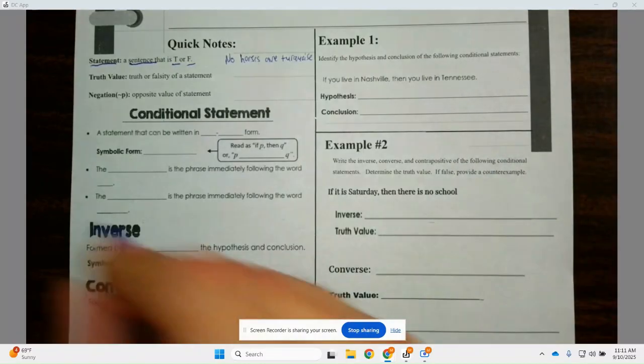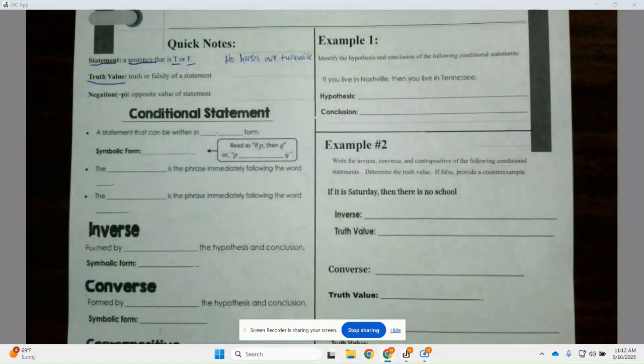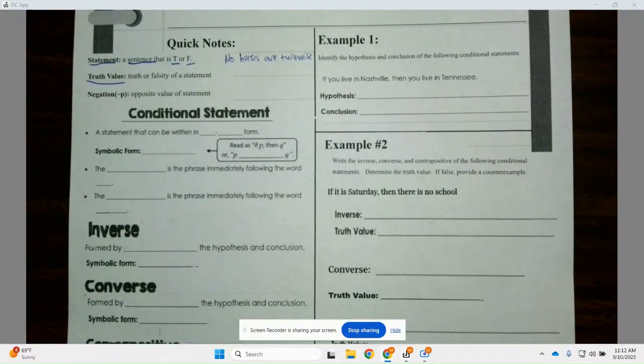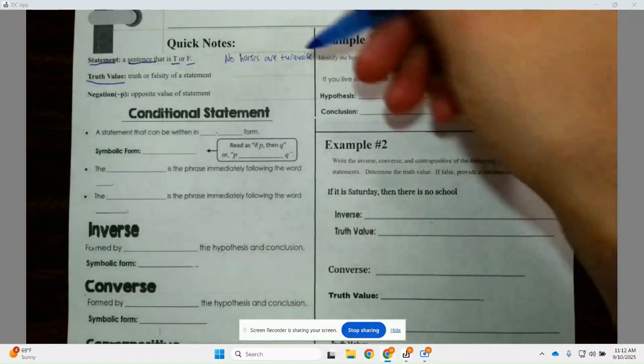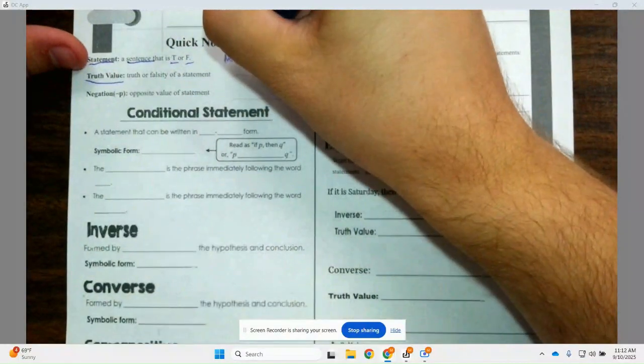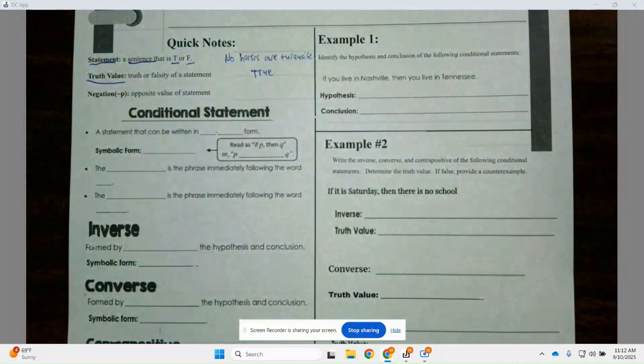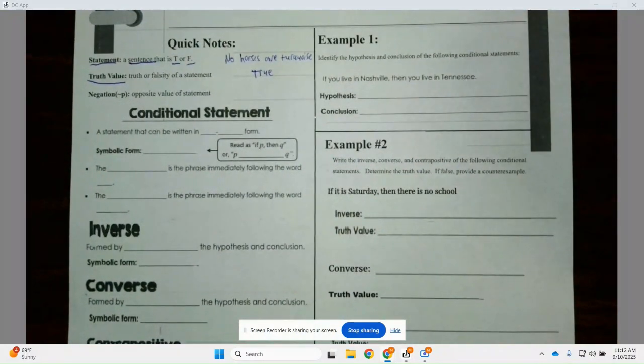And so what we do is we associate a truth value with that statement. It's either true or it's false, right? So for this case, our truth value for the statement, no horses are turquoise, is true.